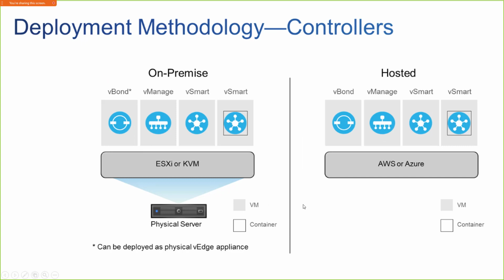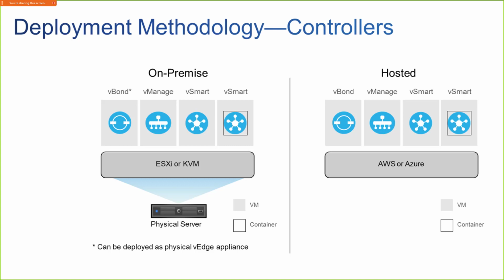Now, when it comes to the controllers, the same thing applies. We can do on-premise or we can do hosted controllers. And the controllers themselves, we already talked about what their overall role is in the topology. But like I said, they can be deployed as an on-premise or hosted solution, right?